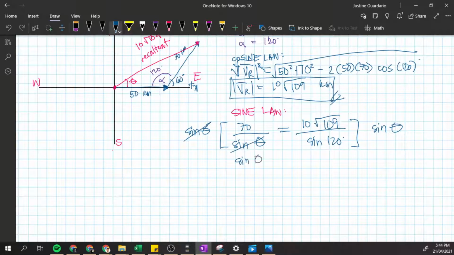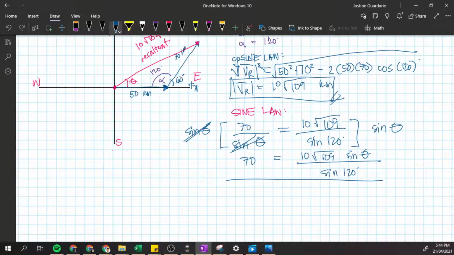I have here sine theta is equal to 70 times sine 120 degrees over 10 square root ng 109. Now, how do we find for sine theta? I divide both sides of my equation.